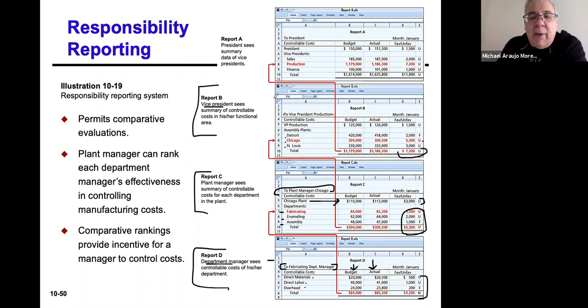And then that would all go up to the president. The president would get a report for the vice presidents of sales, of production, and of finance. And you see here, all of them are not doing so hot, right? Because their actual costs were higher than their budgeted costs.